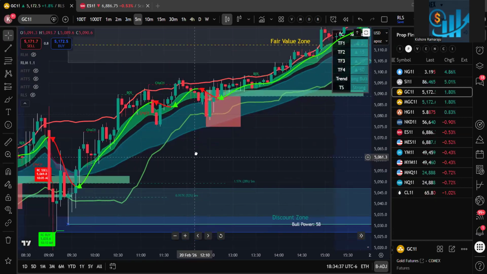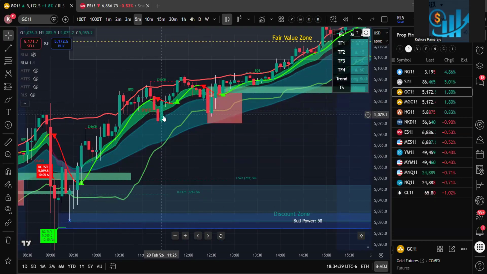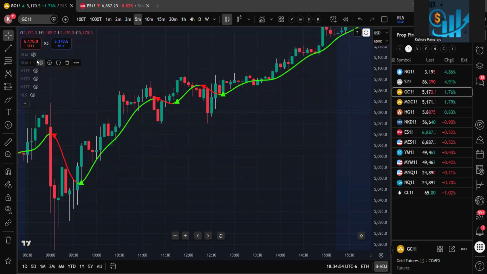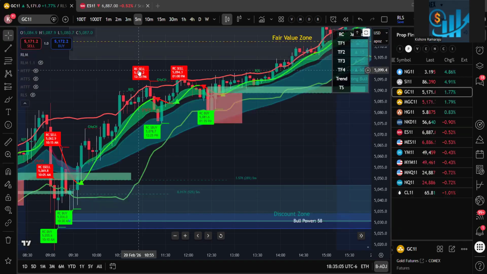Whereas with RLM 1.1, whenever the trend is bullish or whenever you receive this type of signal, a buy signal at discount zone with bull power above 45, that means you don't want to keep taking buy signals, sell signals, right? Same thing if I go to RLM, here you got a sell signal.